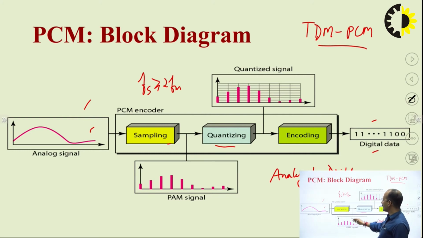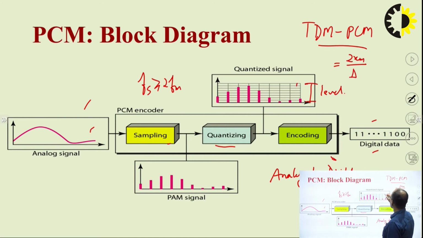Actually, when we create the samples, these are the various samples, but our available amplitude range is a fixed range, and we have to categorize all these different samples. For that, the complete available amplitude range is divided into various levels, and the number of levels is equal to 2xm by del.